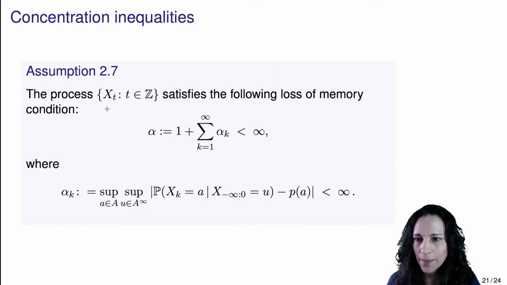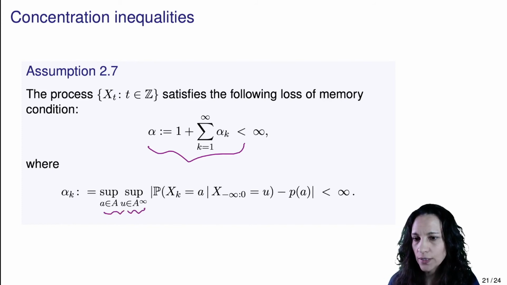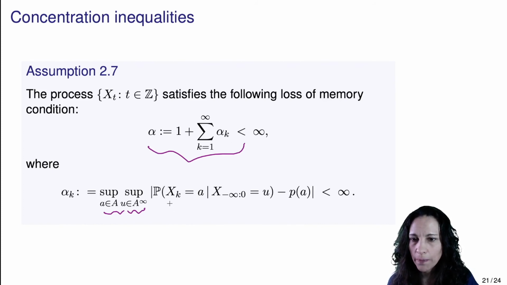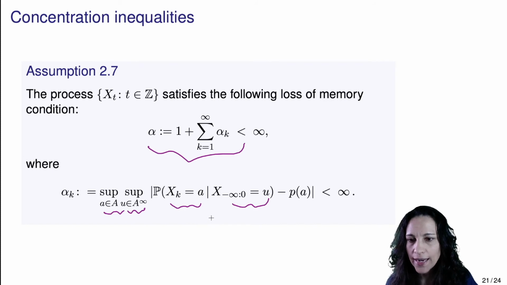We say that the process X_t satisfies the following loss of memory condition, which states that this sum alpha, of these coefficients alpha_k, is finite, where this alpha_k is the supremum over all the symbols in A and all the infinite sequences u of the difference between the conditional probability of the symbol a given the sequence u, but having a gap of length k.